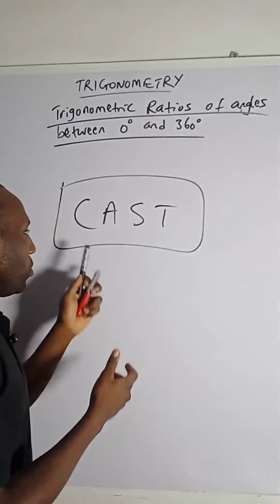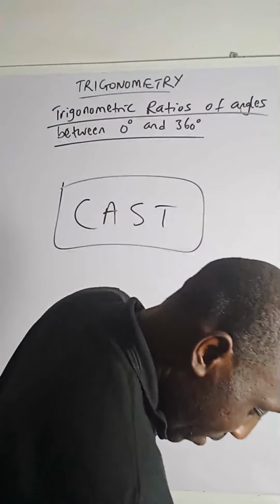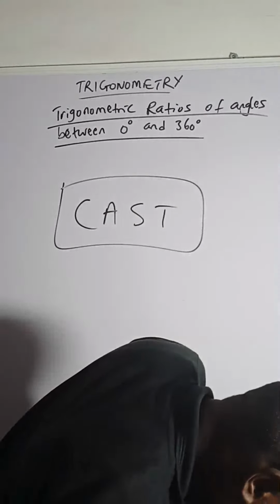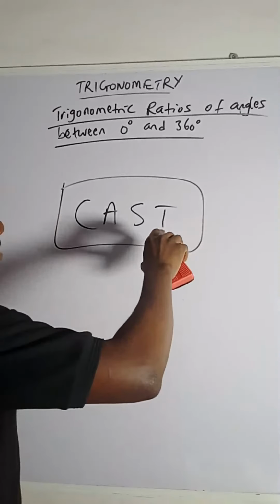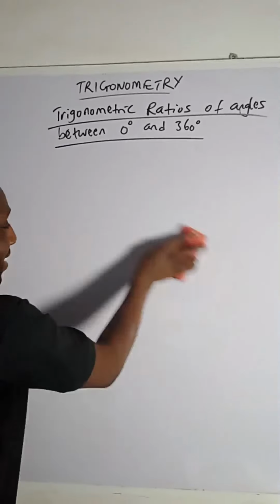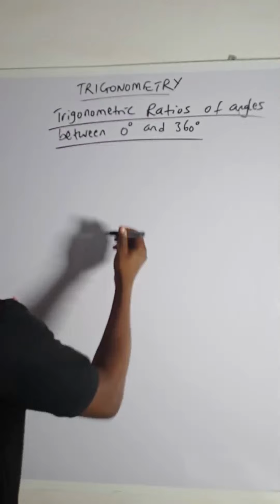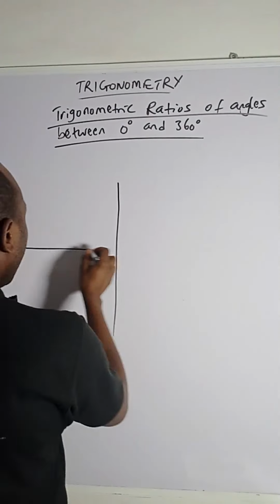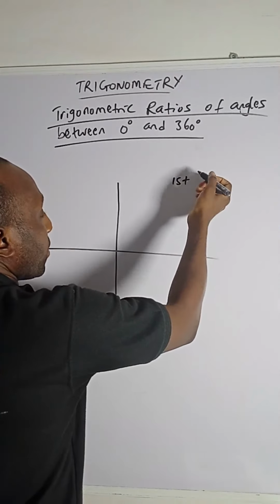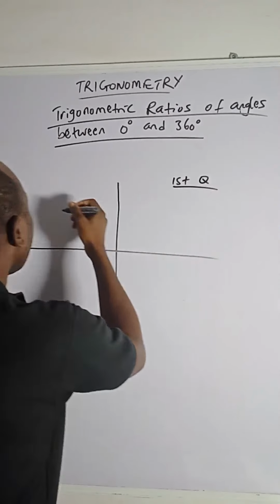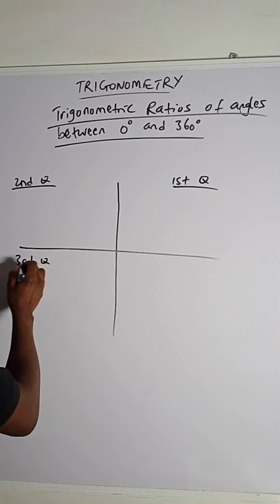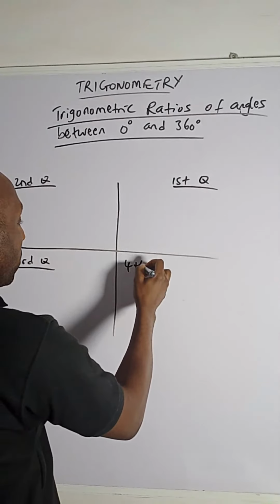Somebody said ASTC. Okay, you can also say ASTC. Makes sense. So let's draw our four cardinal points again. You see what we have? This is the first quadrant, second quadrant, third quadrant, and the fourth quadrant.